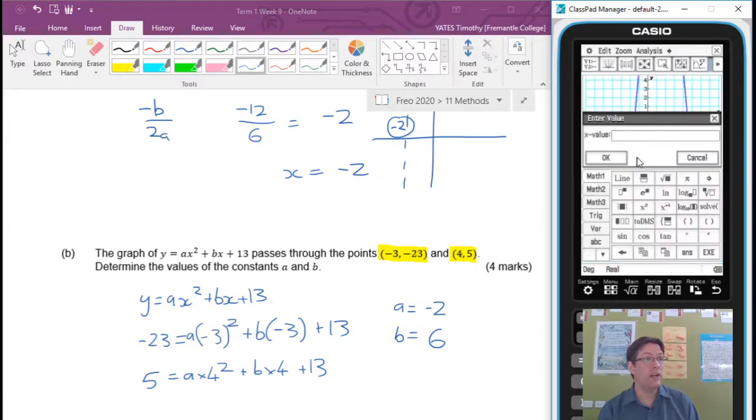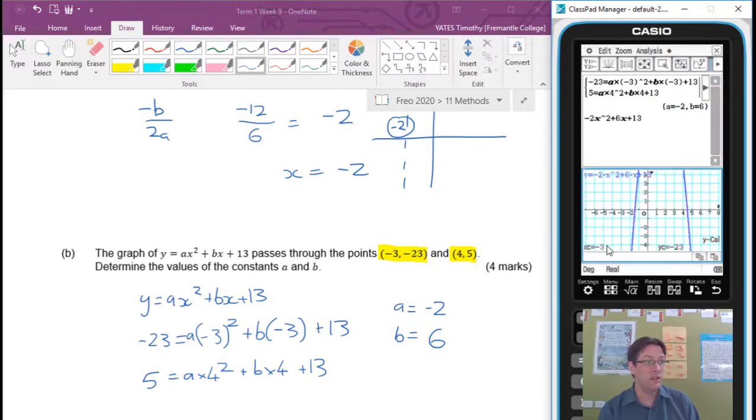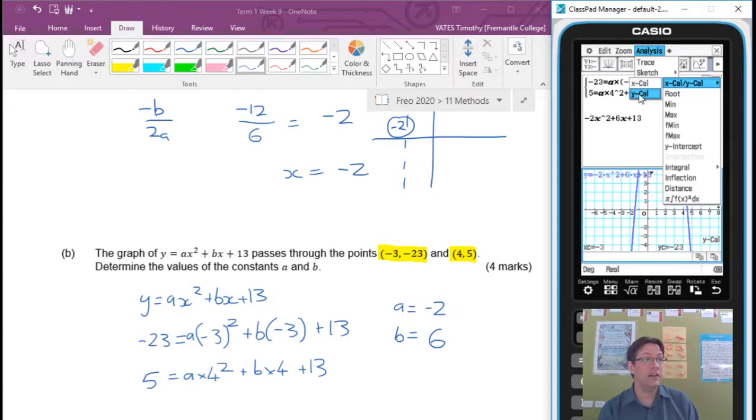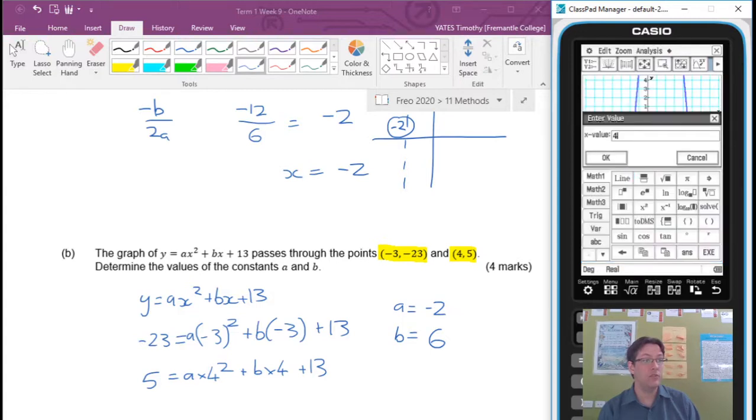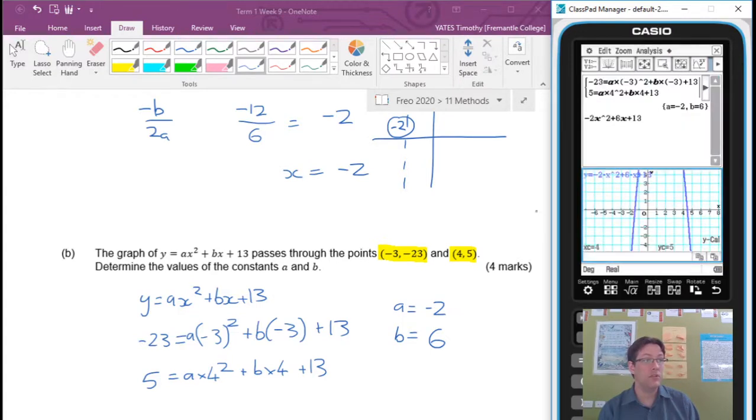I want to find y when x is -3. y is -23, as expected. Do another G-solve, calculate y when x equals 4. y is equal to 5. So I have conclusively sorted out that the answer is a equals -2, b equals 6, and that's all.